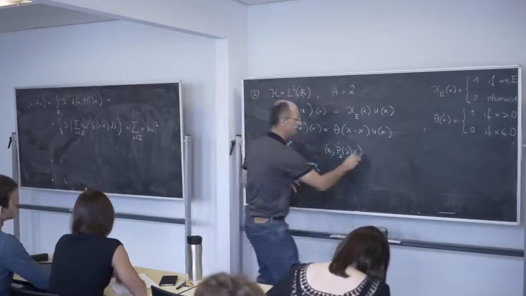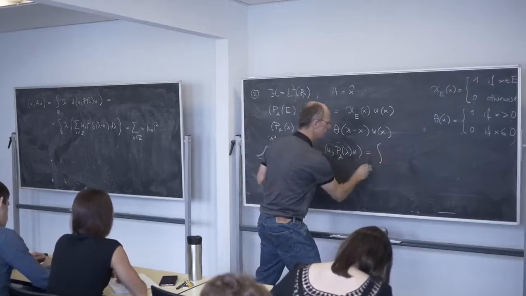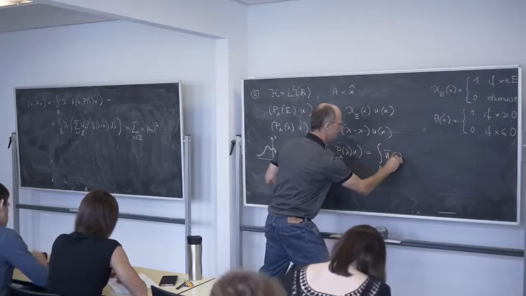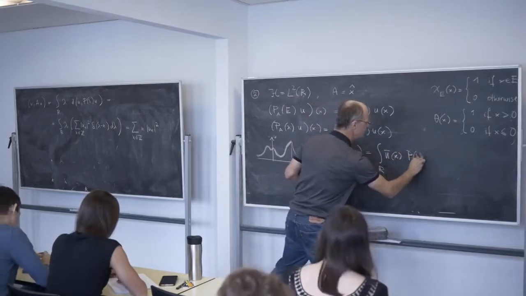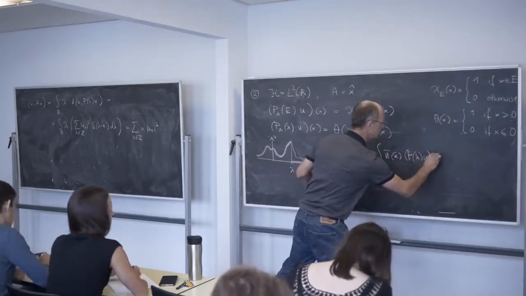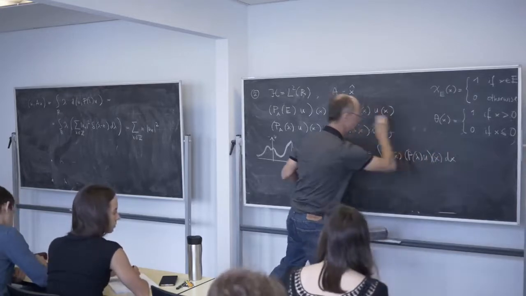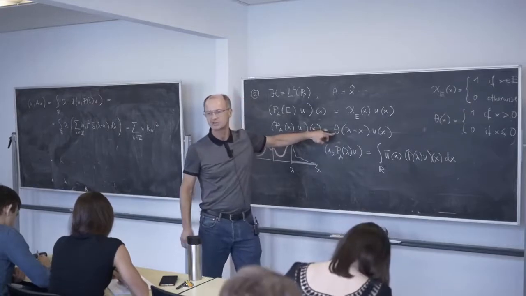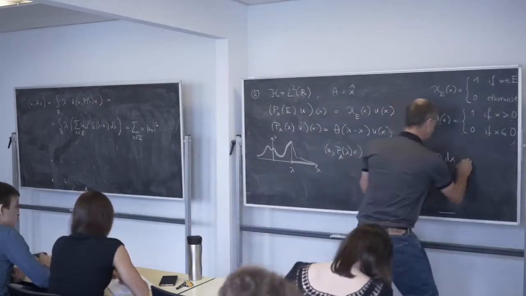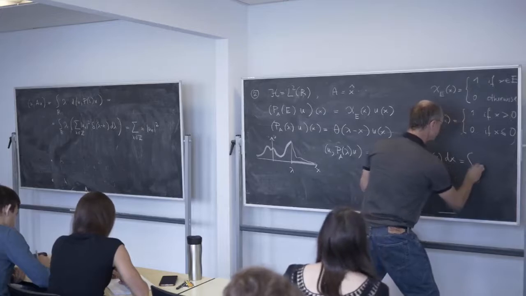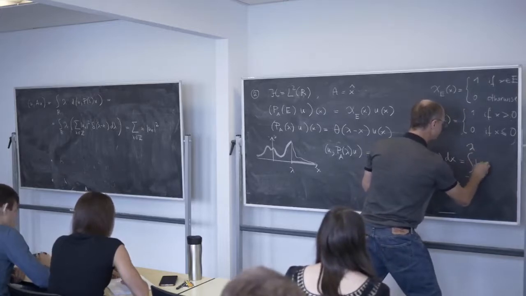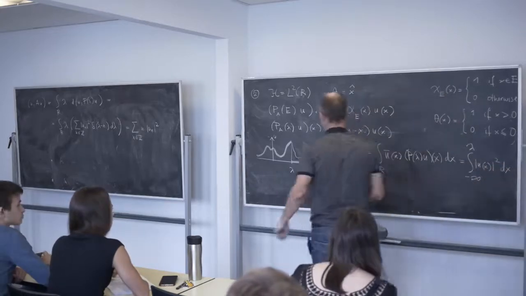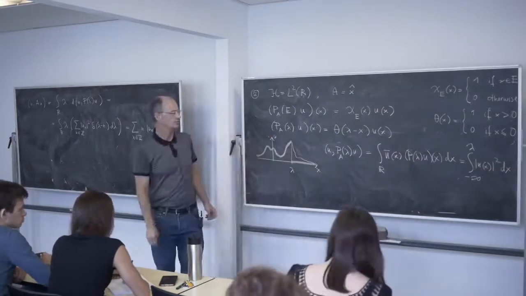This will be an integral over R of u bar of x times P of lambda u of x dx. Since there is this theta function here, this is simply an integral from minus infinity to lambda of u of x squared dx. So that's how this function now looks like.